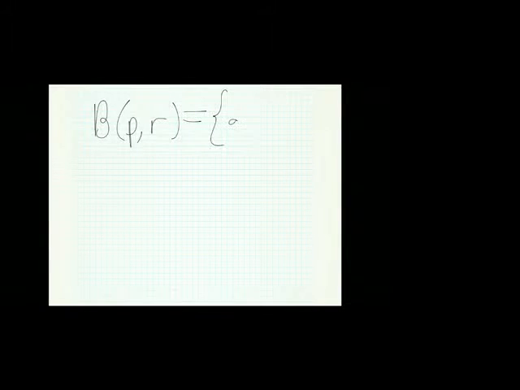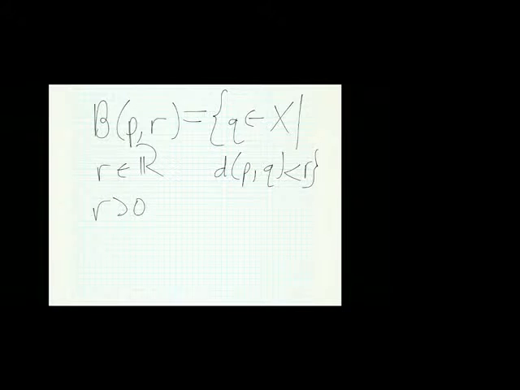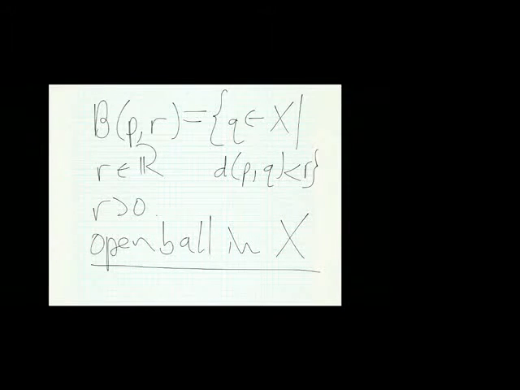So this is the set of all points Q in X such that the distance from P to Q is less than r. Here r is positive. So actually this definition should look familiar from when we talked about an open disk in the plane. This is called an open ball in X. So this makes perfect sense in any metric space.